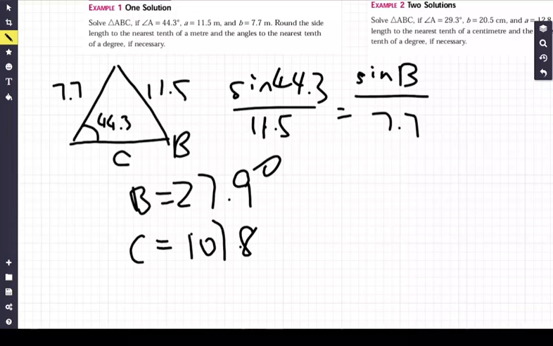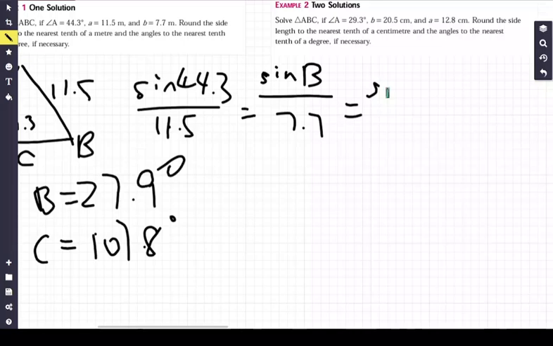So sine of 107.8 is equal to, over what? Over C. Let's go ahead and find that.